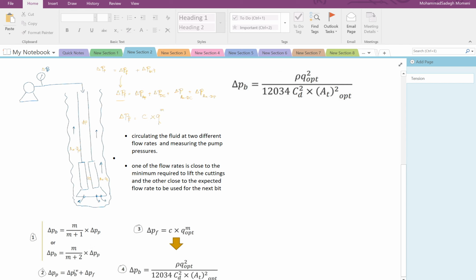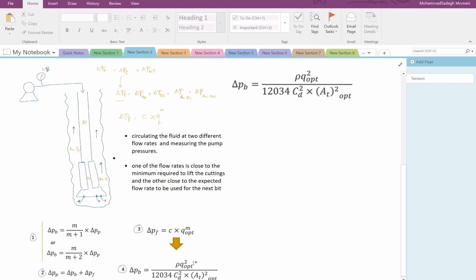The second step is that I have the pump pressure, I have the pressure drop in the bit, so I can find delta PF. When I have delta PF, I can find the optimum flow rate using this equation, because I found C and M before.